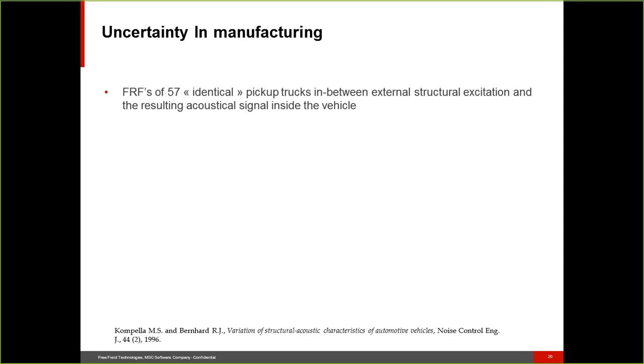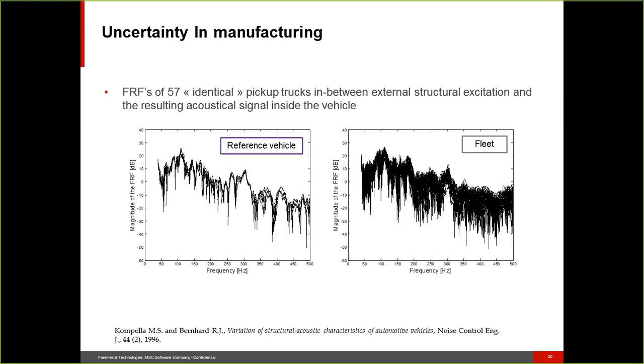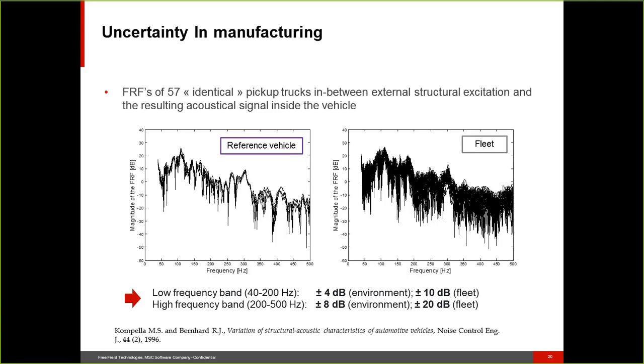By making the comparison of the frequency response function, they could see that differences were coming first from the environment, so in the way the frequency response function was measured, but most of the differences were in between the reference vehicle and the fleet, showing the impact of manufacturing in uncertainty.